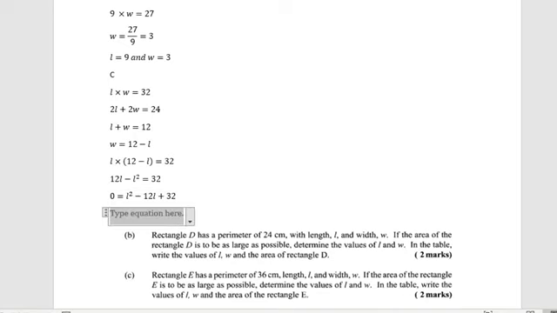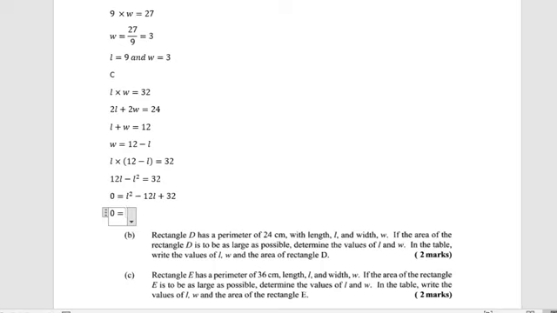Solving now using a quadratic expression, the AC term in this case is 32 and our B term is 12. So we're looking for what two numbers we can multiply to get positive 32, and at the same time when we add them we will get a negative 12. Those two numbers work out to be a negative 8 and a negative 4.